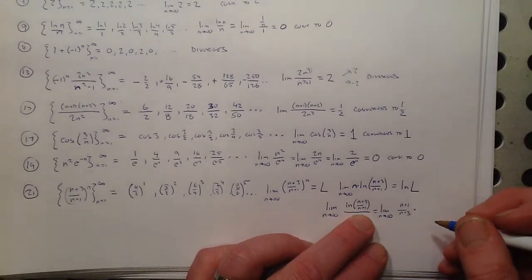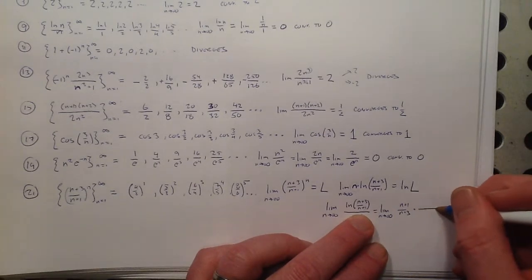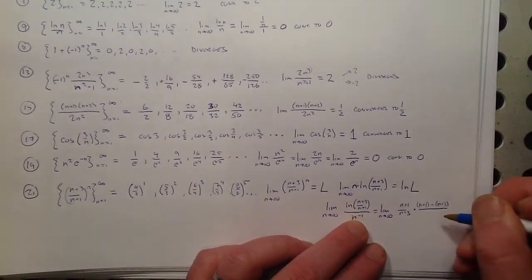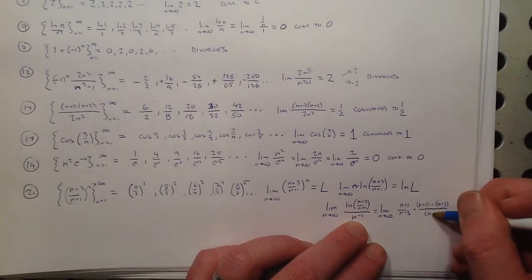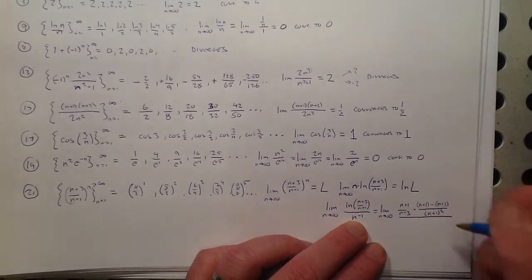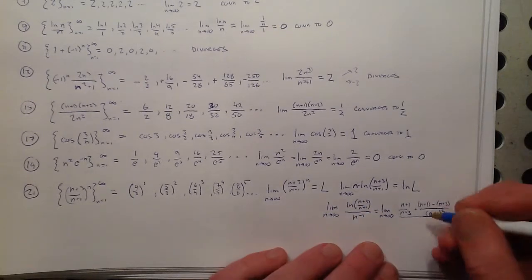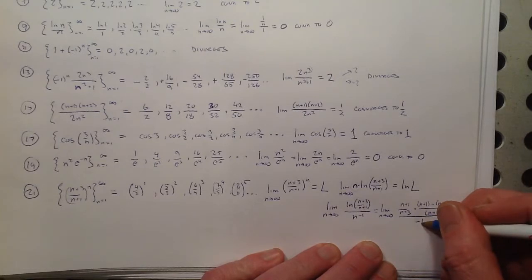The derivative of what's inside, using the quotient rule, is low d high, which is 1, minus high d low, which is also 1, over low squared. That's the derivative of the top. The derivative of the bottom, derivative of n to the negative 1, is negative 1 n to the negative 2.